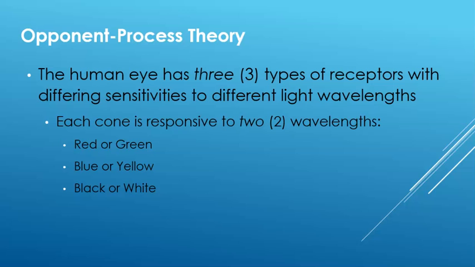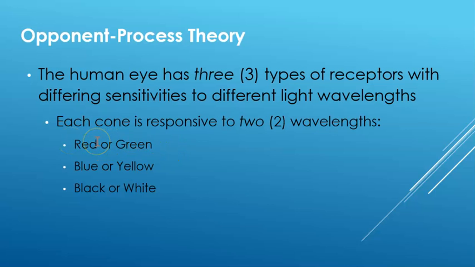So one cone is responsible for red and green, one cone is responsible for blue and yellow, and the other cone is responsible for black and white. In other words, how that works is the cone that's responsible for red and green is either always seeing red or green.